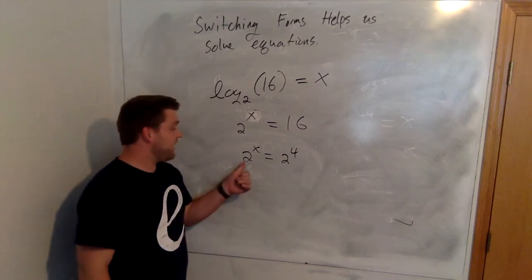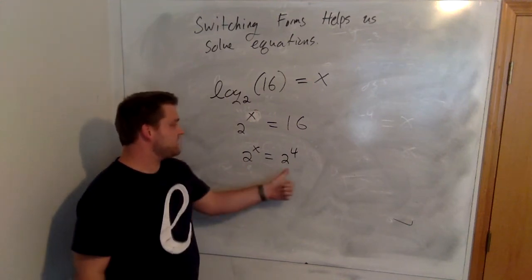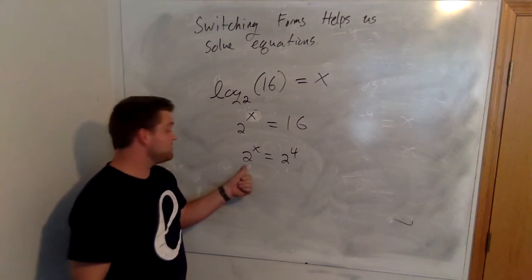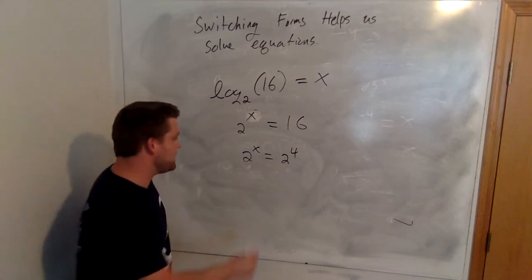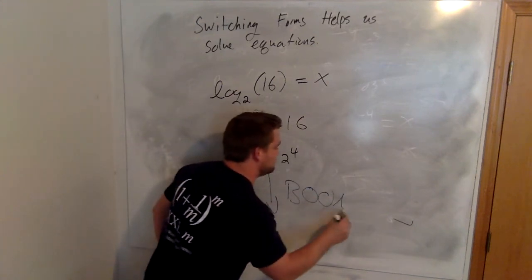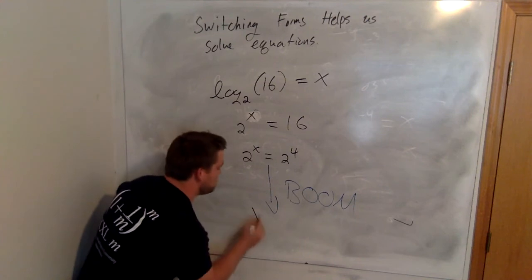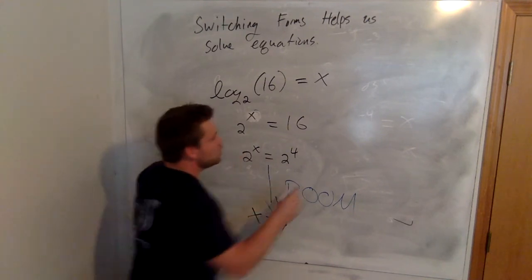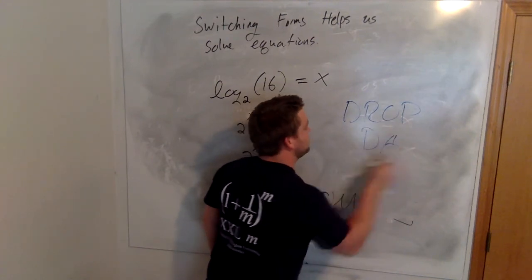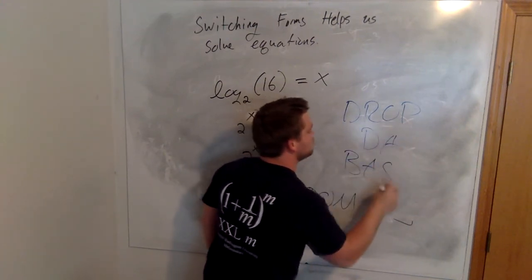So I have an exponential function on the left and an exponential function on the right. They have the same base. The base on the left is the same as the base on the right. So what can we do? We can drop the base.